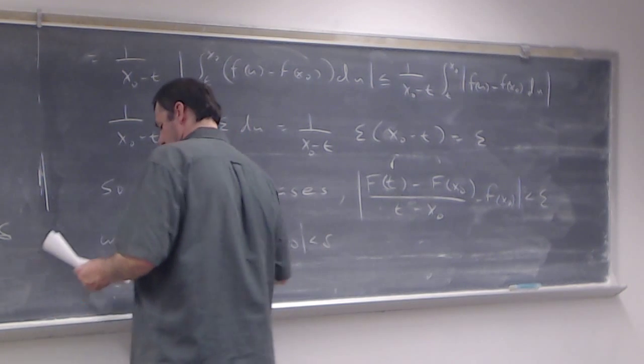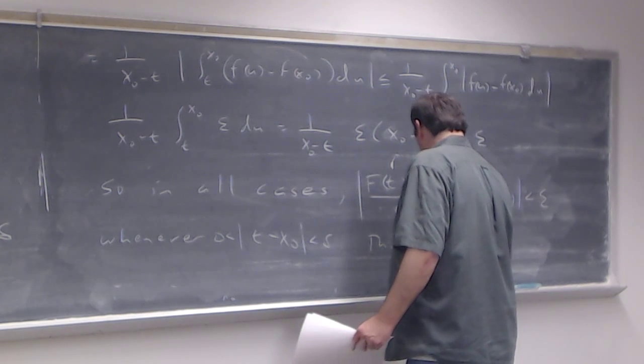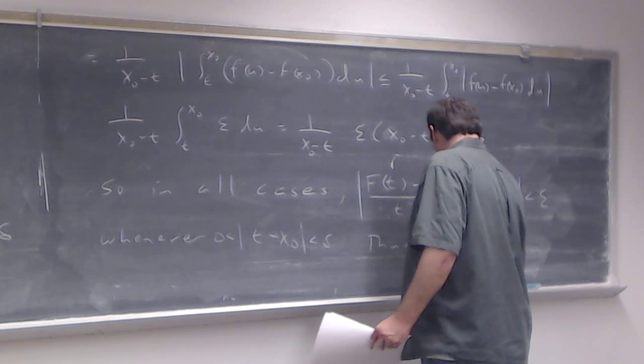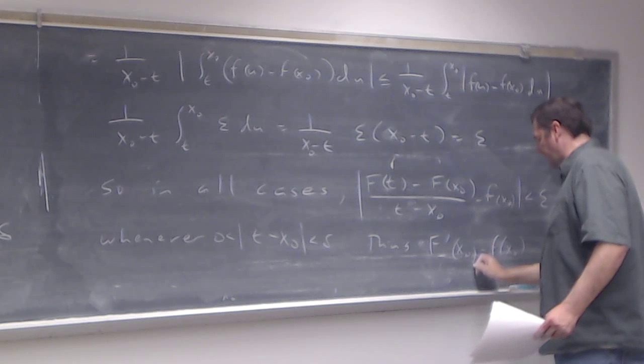It's got to be bigger than 0. And that says that big F prime evaluated at x naught is equal to little f evaluated at x naught, and that's the end of this proof.